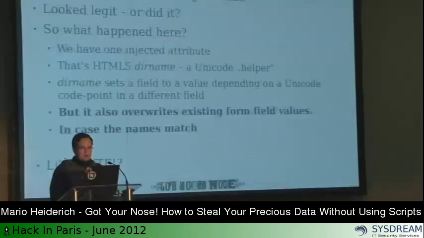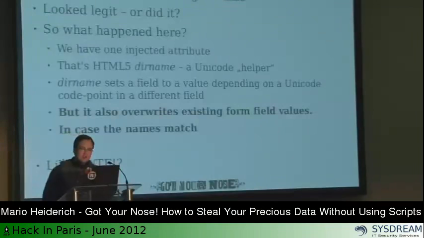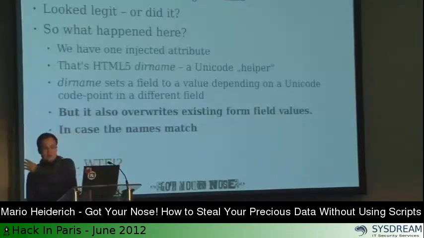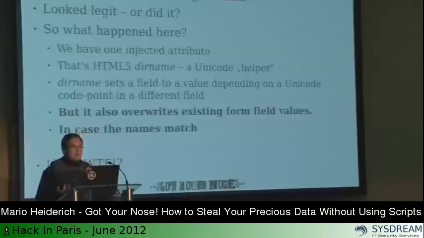The problem is that dirname, as I said, is a kind of Unicode text flow direction indicator. So if you inject a dirname into a form, then this dirname is going to listen for a specific form value and find out if the text flow direction is going left to right, LTR, or right to left, RTL. And then the dirname needs an attribute which is giving it a name, and this attribute will then be a new HTTP parameter.